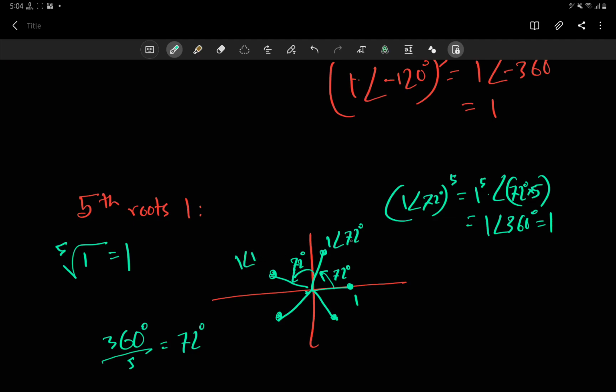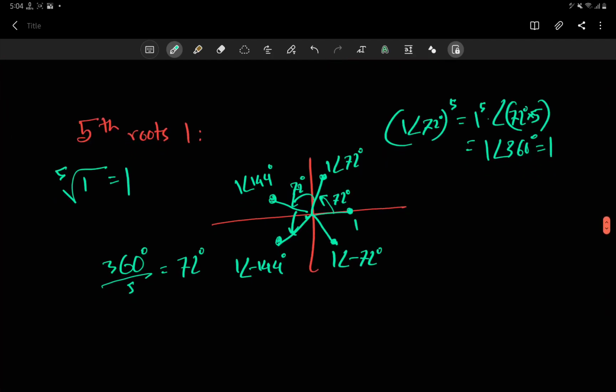So this is 72 plus 72, which is 144 degrees, right? Then you can go another 72 degrees, you will have 216 degrees, and for the last one, instead of writing like this, I would rather prefer minus 72 degrees. That's much easier, I don't have to do any computation. So this is our result.